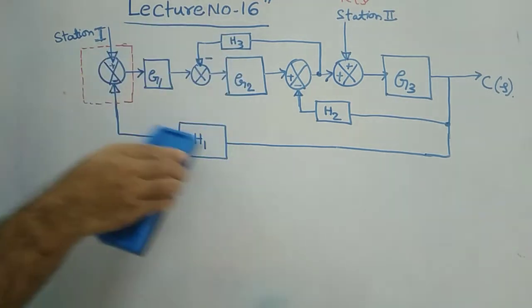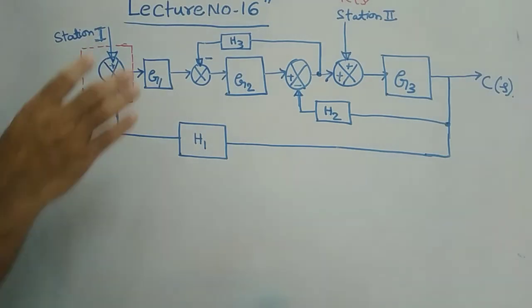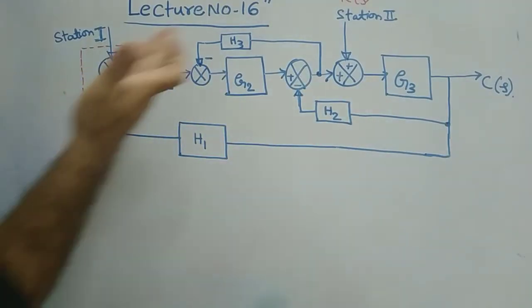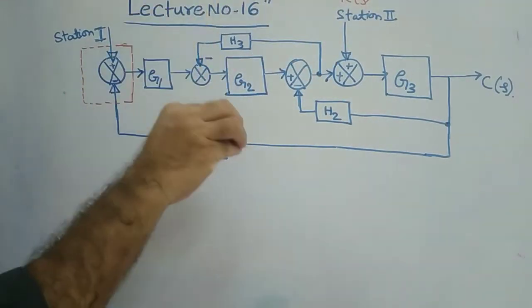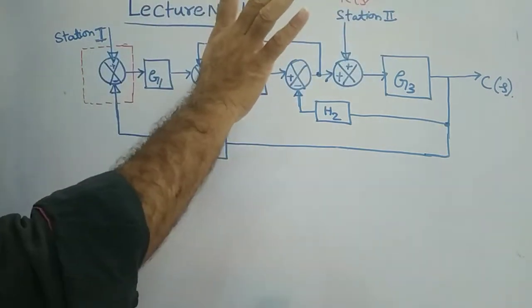So in today's lecture, we are going to obtain the transfer function C of S by R of S by connecting the input R of S at station 2.